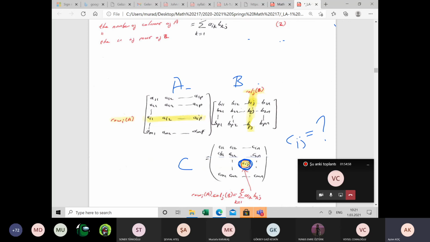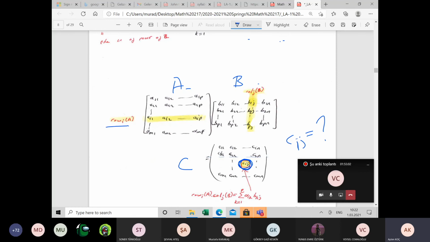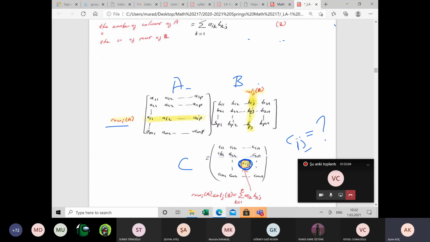This entry is located in row i and column j. So look at row i of A, and column j of B. Order is important. So how to get Cij? Take row i and column j.